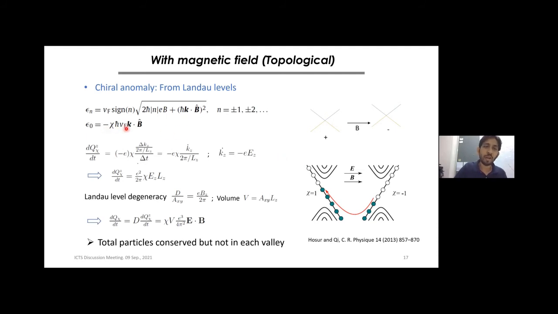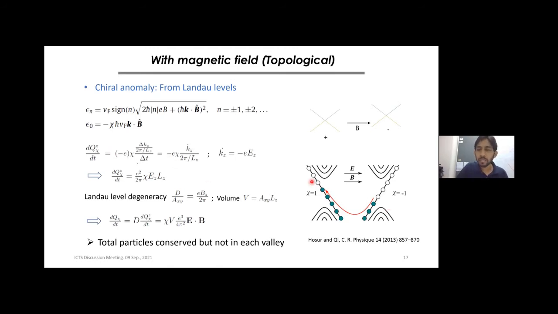But the 0th one will disperse chirally, meaning on one side it will go straight down without changing its slope, and on the other side it will just go straight up without changing its slope, right? And now let's do a very simple calculation. After I have applied the magnetic field and I have the chiral Landau levels, for all practical purposes, this is just a one-dimensional system with dispersing bands in one dimension.